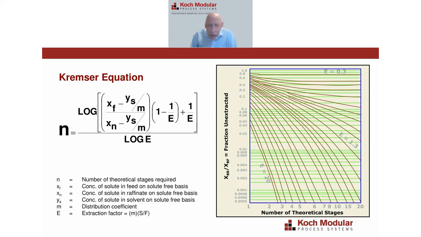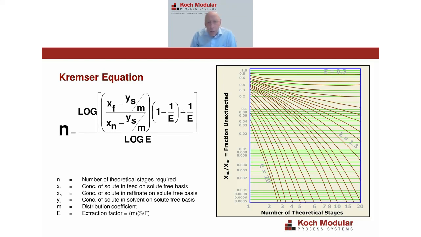So if you want 99% extraction, you'd go to 1% unextracted, go over to the curve for extraction factor of 2, and it would tell you you need about 5.5 theoretical stages for your extraction process to work.